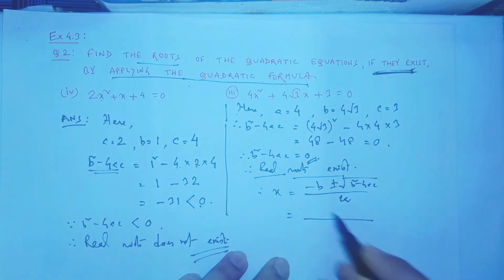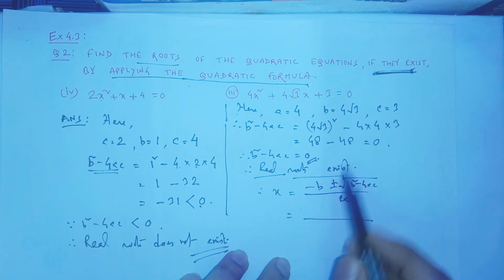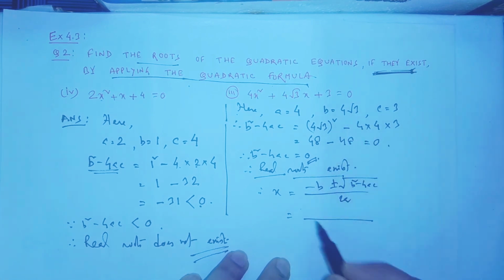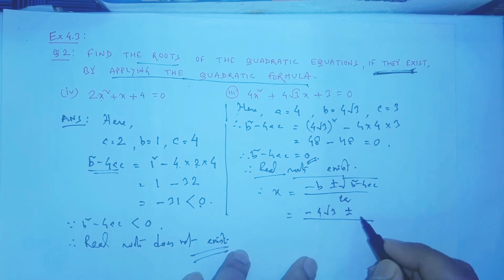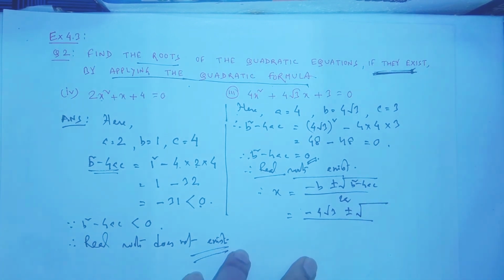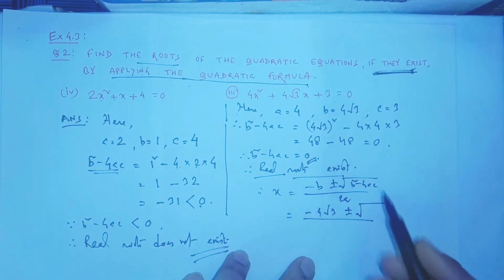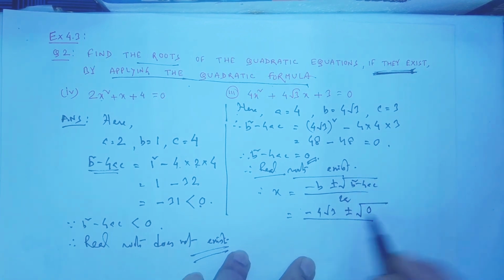Now put the values. Minus b is minus of the b value, so minus 4 root 3, plus minus root over b square minus 4ac. b square minus 4ac is 0, so you don't have to do it again; we already have the value. So we put 0 in, divided by twice a, 2 into a is 8.